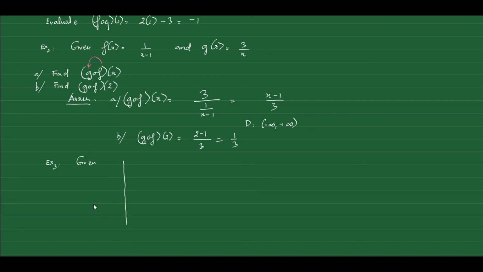Okay, I have the graph like this, and on this graph I have 2 functions. Let's say the first one is something like this, and this is 2, and this is 3.